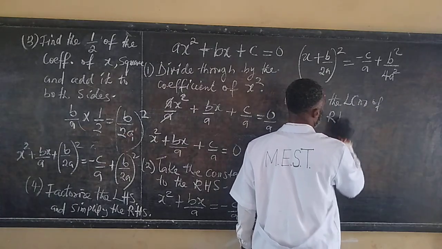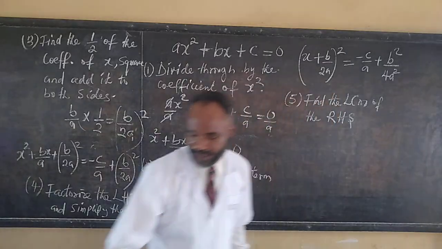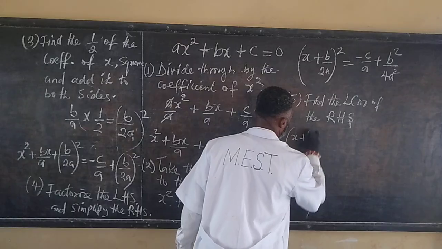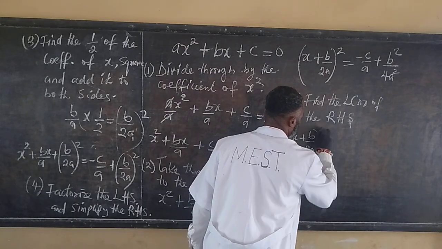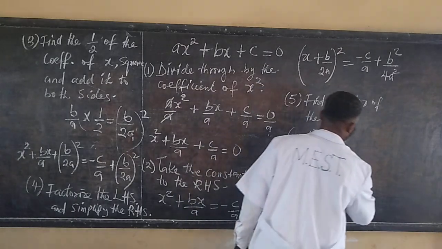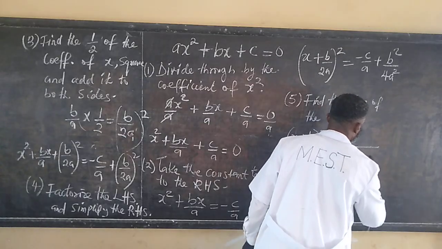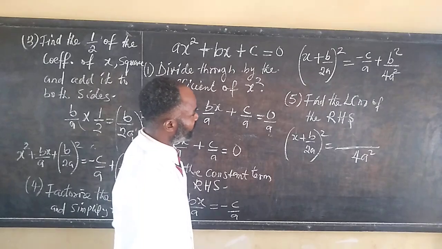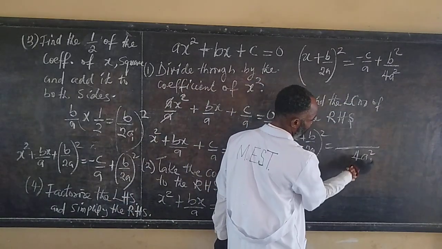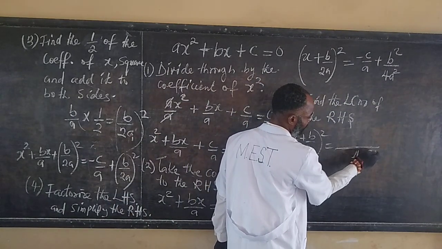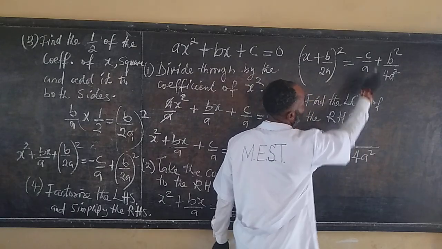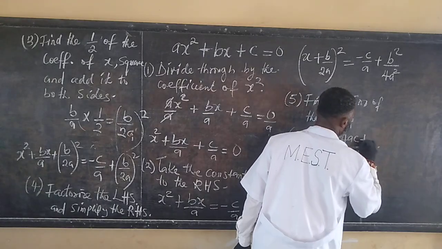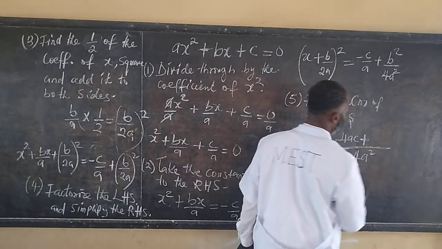Finding the LCM of the right-hand side, we retain x plus b all over 2a squared is equal to, the LCM here is going to be 4a squared. And a divided into 4a is going to reduce this to 4a. 4a times this will give minus 4ac. We put our plus sign. Extend this line a bit.